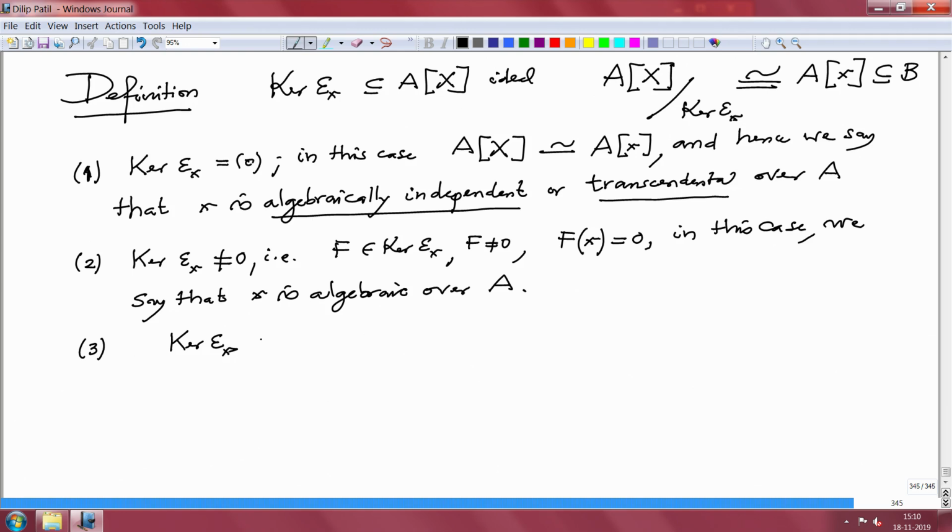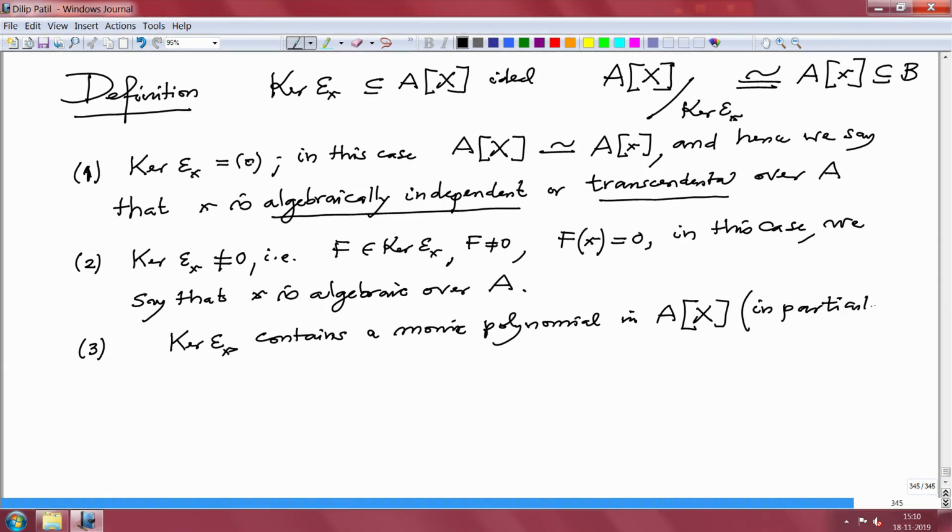So, the third possibility is that the kernel of E_x contains a monic polynomial in A[x]. In particular the kernel is non-zero, and this is a strong assumption, a monic polynomial. Here we did not say f is monic, f is just a non-zero polynomial.